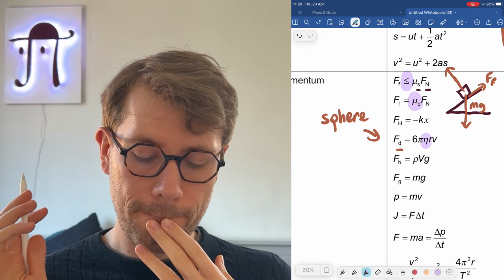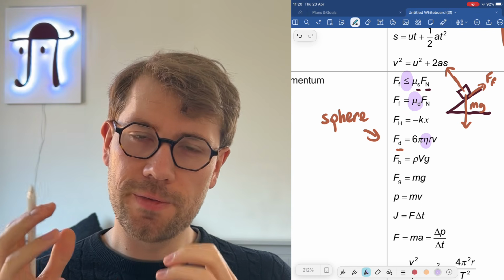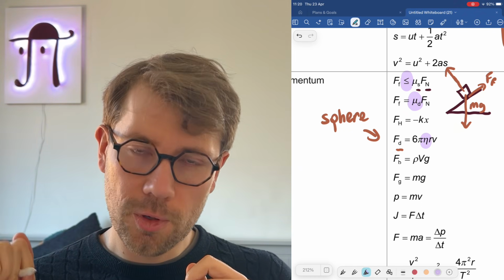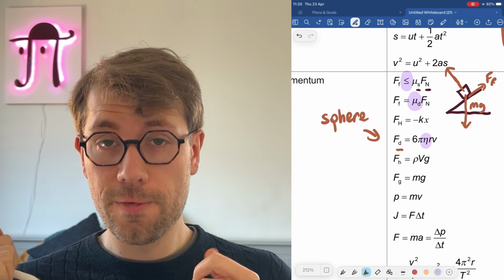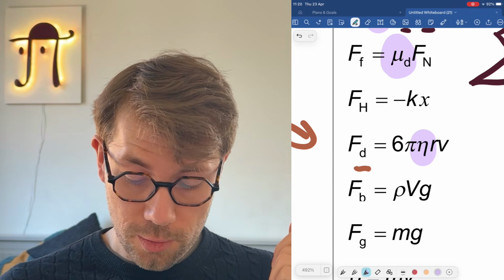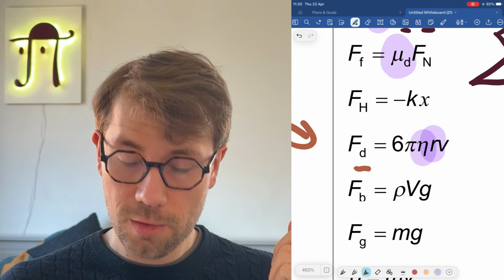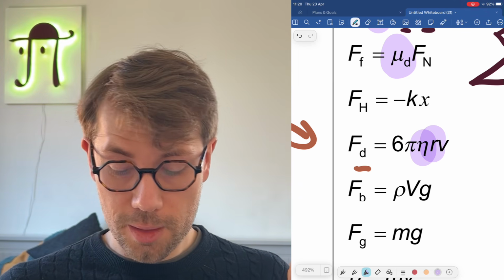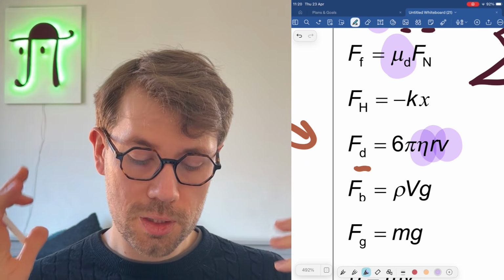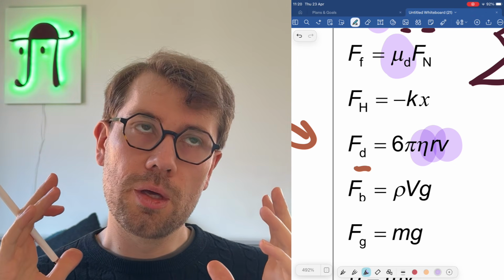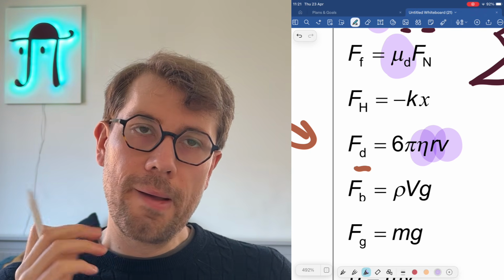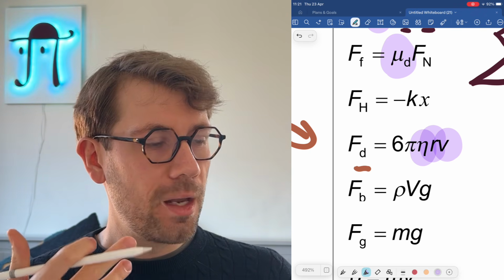Now, the more viscous the fluid is, the thicker it is. So the higher that funny looking N is, the more viscosity it's got, and therefore the more drag we're going to feel. Obviously, I said this was also about a sphere, so we've got the radius of the sphere, and then we've got this V, which stands for the velocity which the sphere is moving through that liquid.